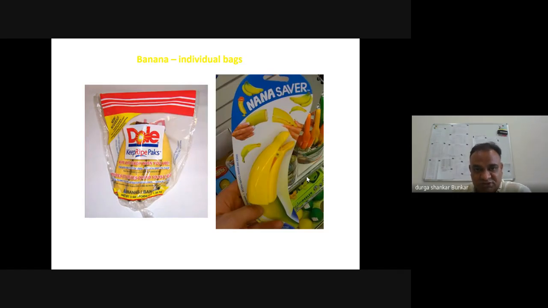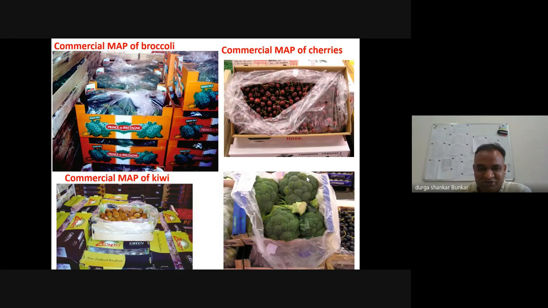Another example is banana, where sometimes we use individual bags for the individual fruit. That is more recommended if the fruit is costly, then we can use this type of packaging. Like commercial MAP of broccoli, these are examples, and we use a type of polymer or material, and we fill the gases, containing the corrugated boxes.